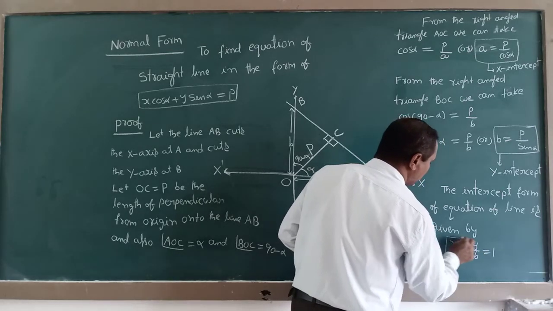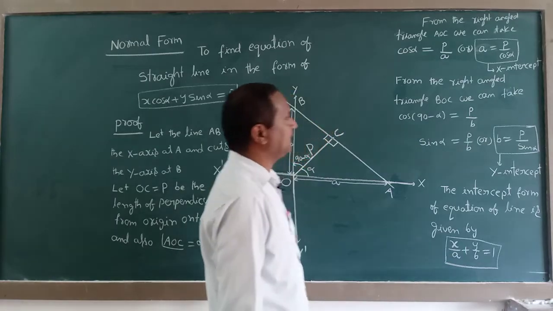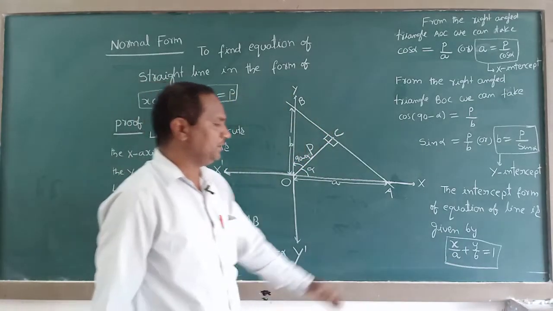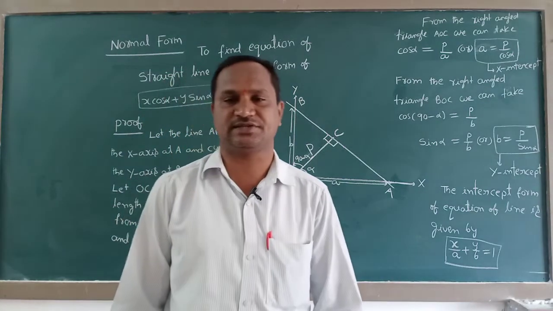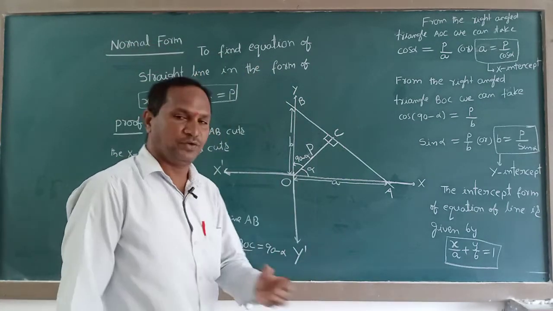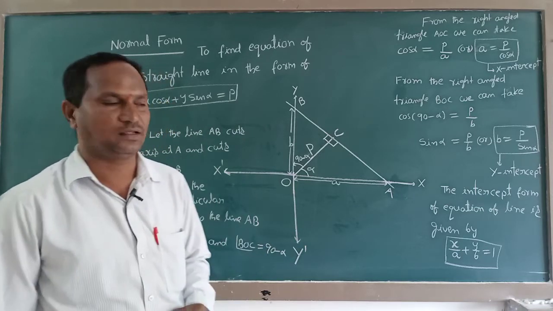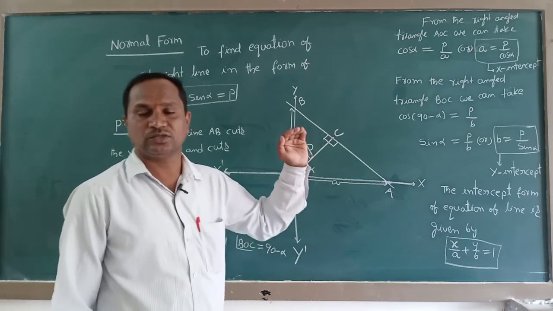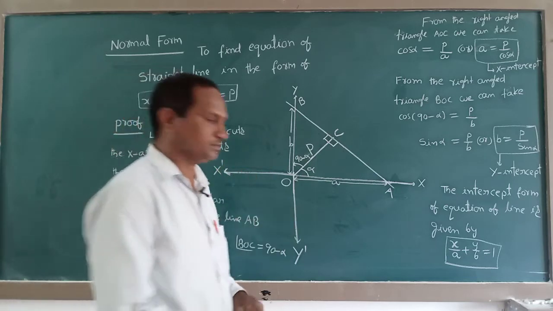In this formula, we are going to substitute the values of small letter a and small letter b. Already we derived the proof of this form in the previous classes. That's why we need that formula to derive the normal form here.